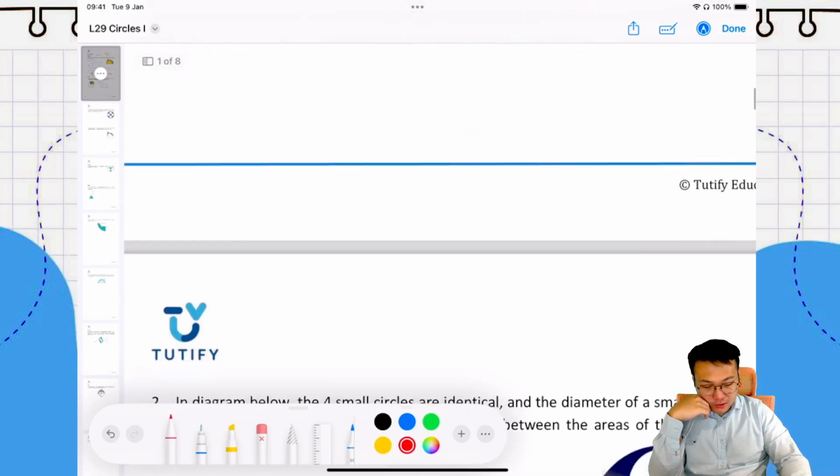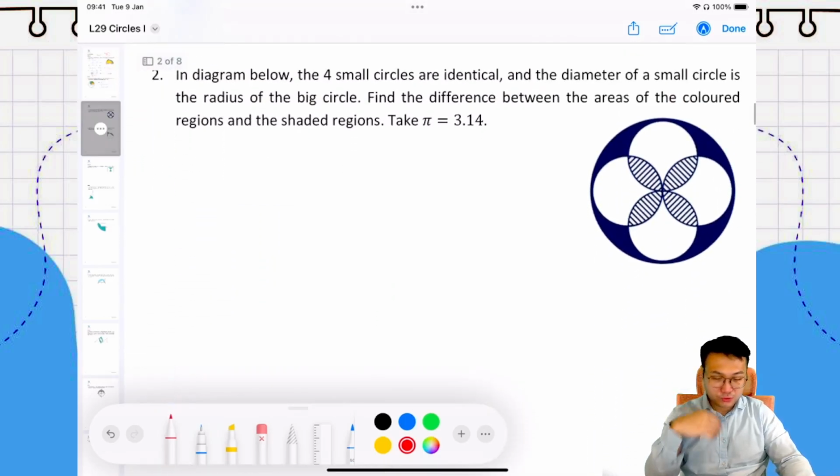Okay, moving on to question 2. In question 2, they're asking you, find the difference between the area of the shaded region and the colored region. So this is the shaded region. Okay, shaded, that means lines like that. Colored meaning that is full color like this.